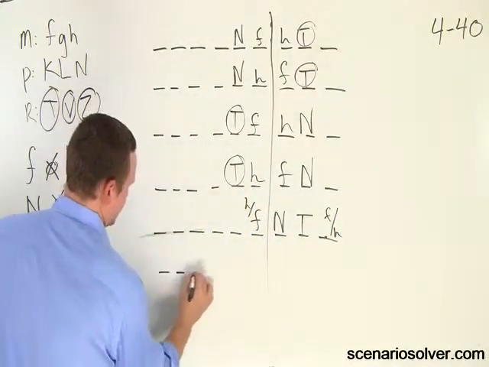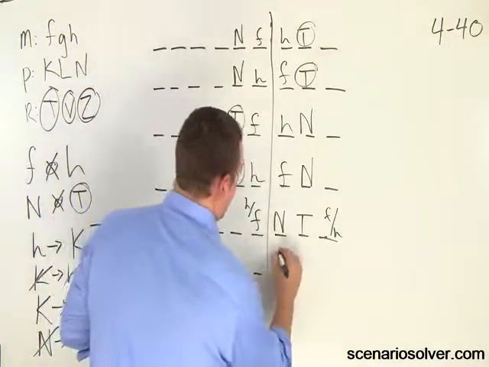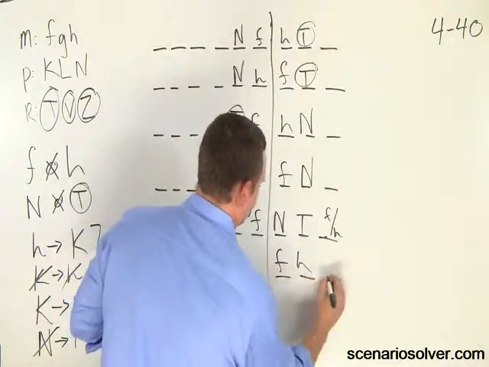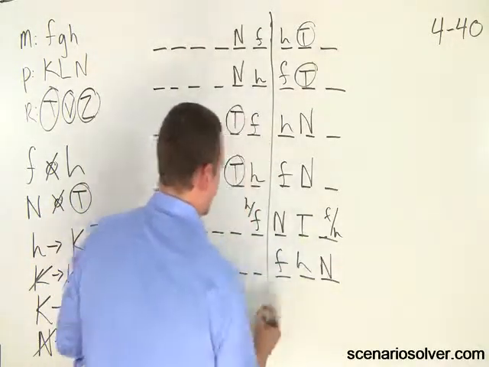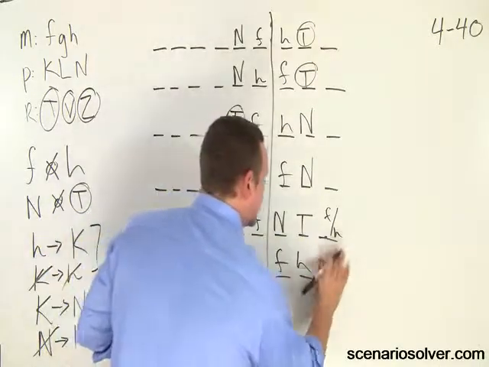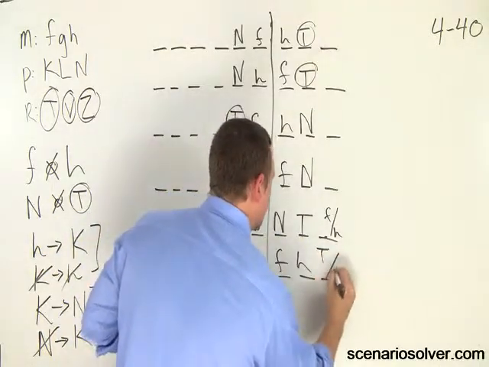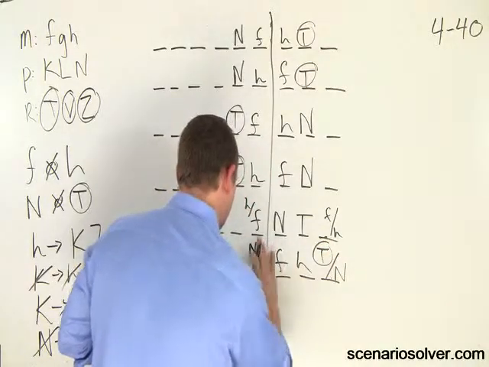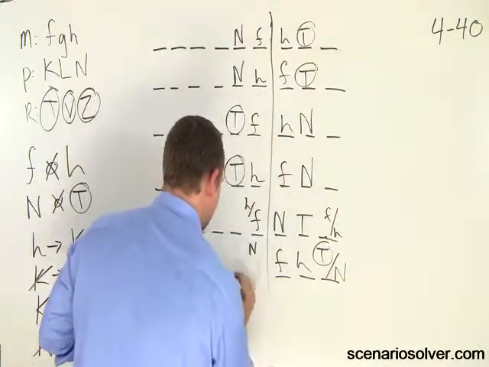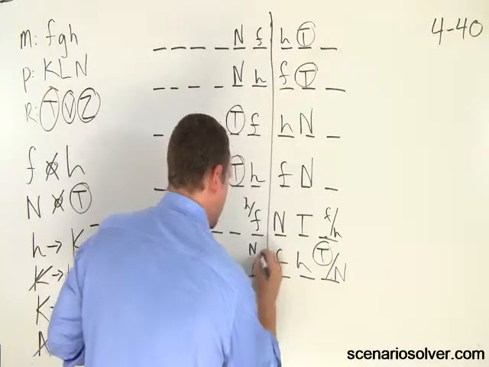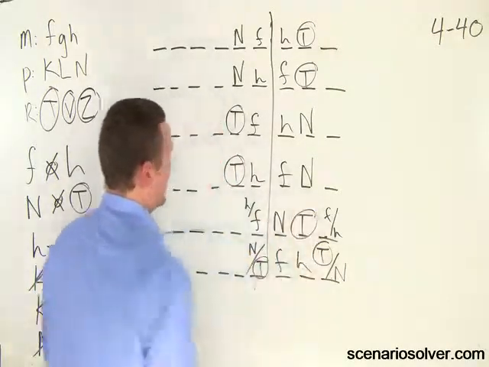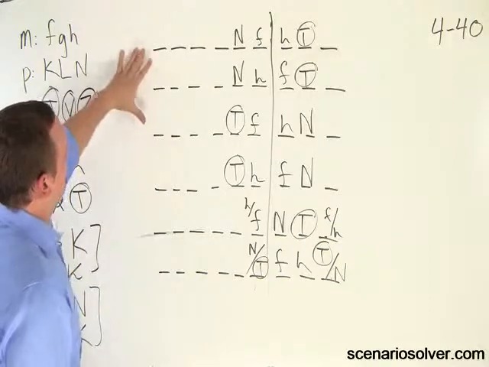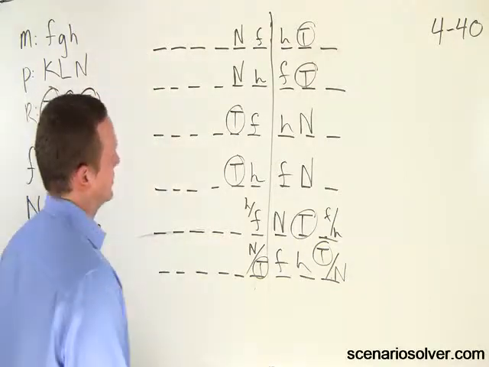Okay, and then an F and an H out with an N and the T in situation. Okay, and that's all that can happen. We have 6 scenarios that we've created.